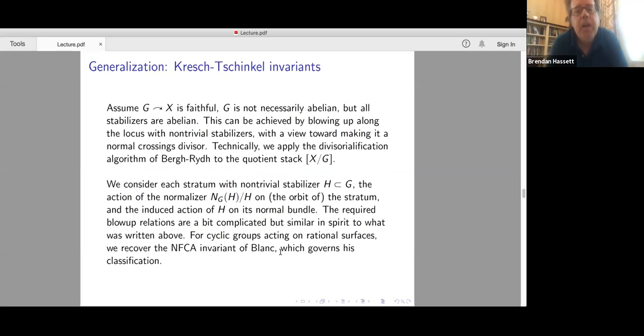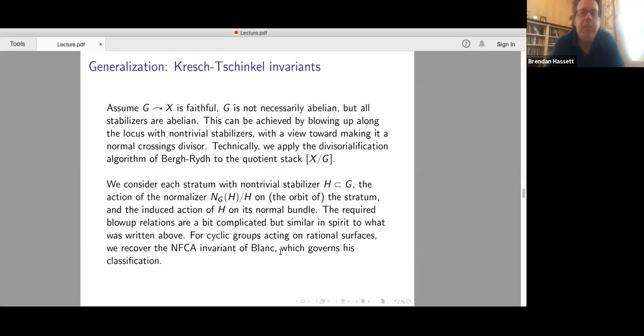And so for cyclic groups acting on rational surfaces, this has all been done before. There is the equivariant birational invariant of Blanc, where, if you have a cyclic group acting on a surface, you look at all the cyclic subgroups.